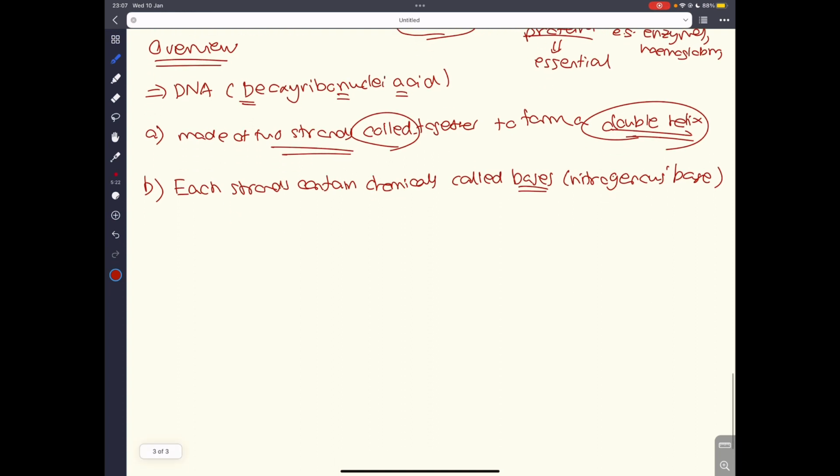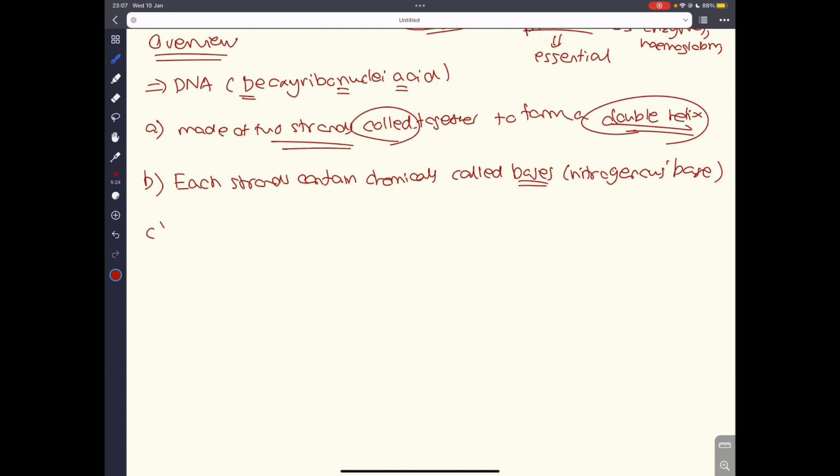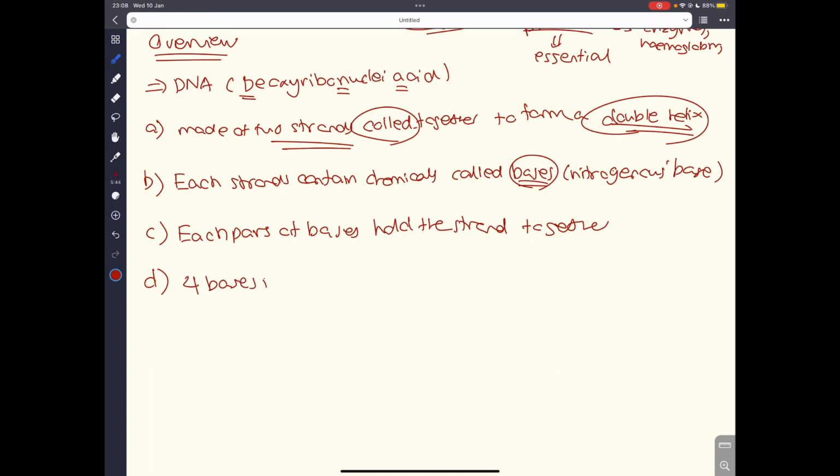Okay, I went a bit off topic there, but next you have to know that the pairs of bases hold the strands together. Now these two strands are held together very specifically. You will have to know that there are 4 types of bases in DNA.